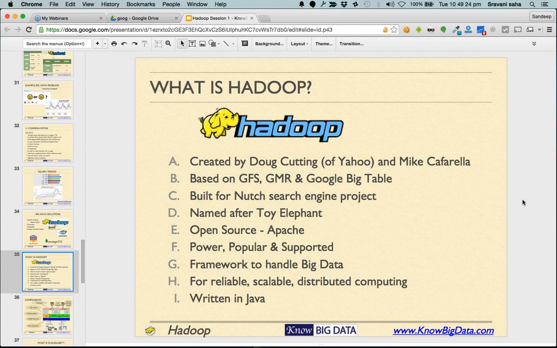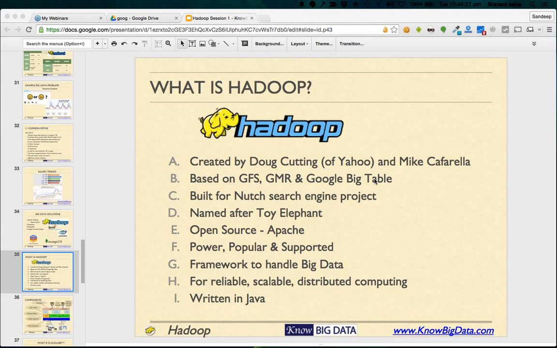It is for reliable, scalable, and distributed computing, and it's a framework to handle big data. Now, the point you should pay most attention to is that Hadoop is now an umbrella term. It's not a single product.